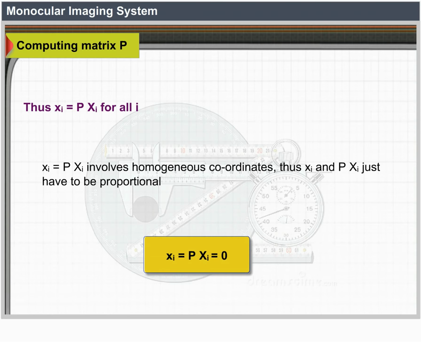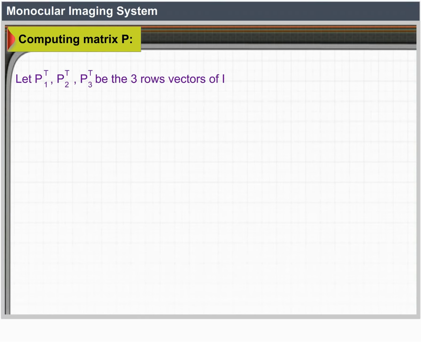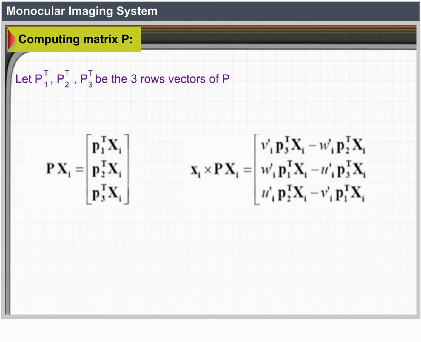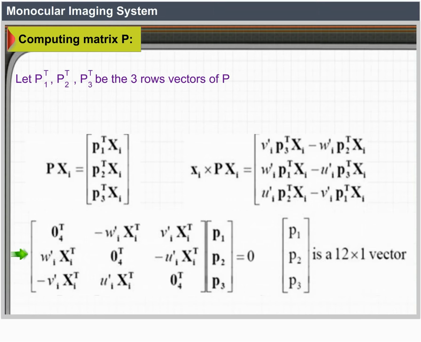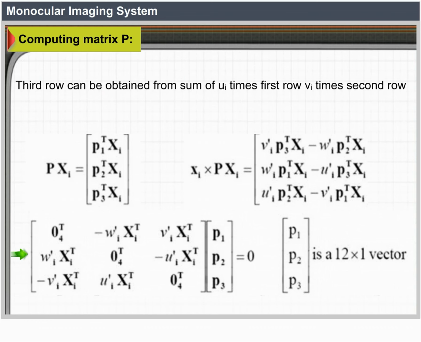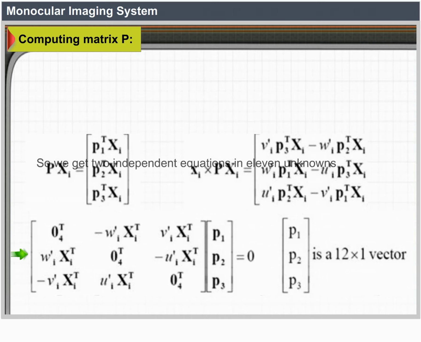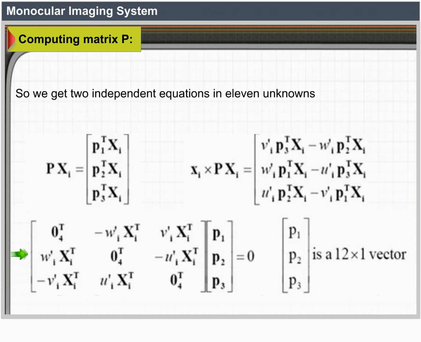Let P1t, P2t, P3t be the 3 row vectors of P. Please refer to the calibration matrix shown on screen. The third row can be obtained from the sum of ui times the first row and vi times the second row. So we get 2 independent equations in 11 unknowns.